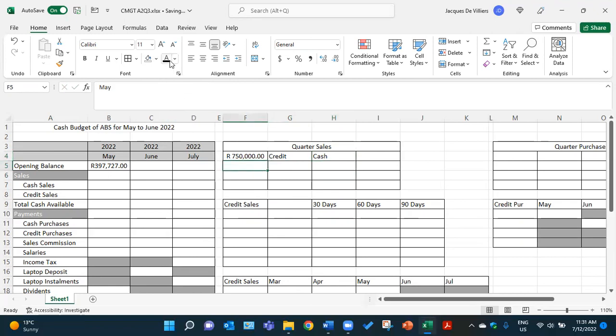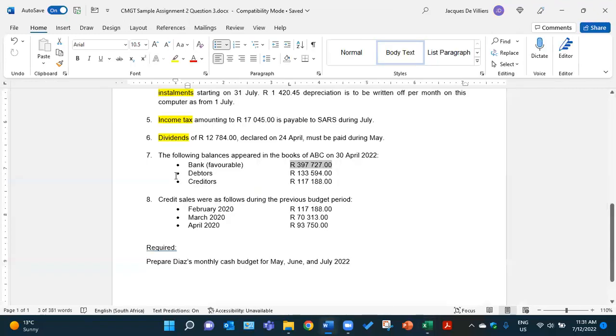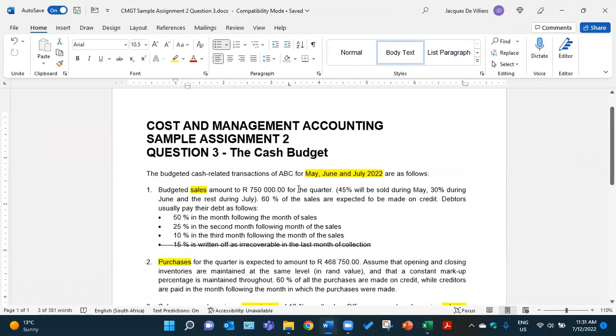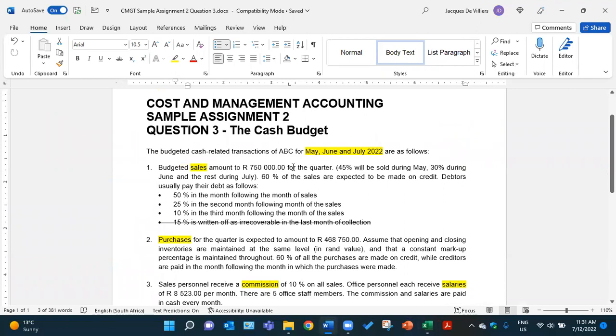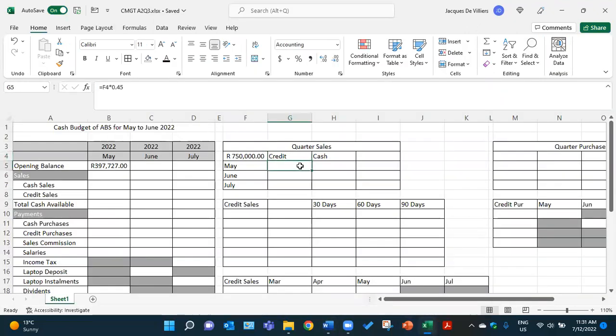They said that we are working on 3 months here, May, June, and July. And we know that the credit sales, if we go back here, we are told that 60% of sales are expected to be made on credit. So we're going to use that 60% there.